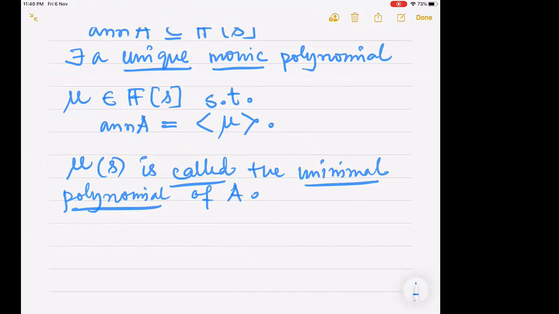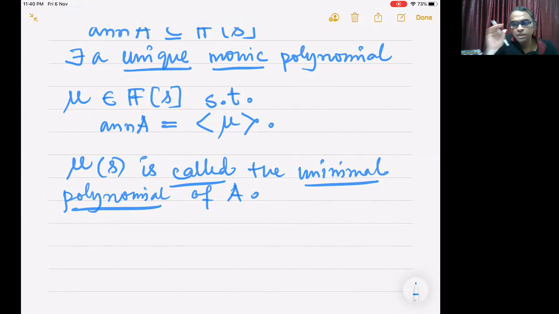The minimal polynomial is the unique monic generator of the annihilator ideal of the operator A. But we already know how to get generators for ideals like this, ideals in a one variable polynomial ring: choose the monic polynomial whose degree is the least. So from that point of view, the minimal polynomial can also be defined as the unique least degree polynomial that takes the operator A to 0, or the least degree monic annihilator polynomial.